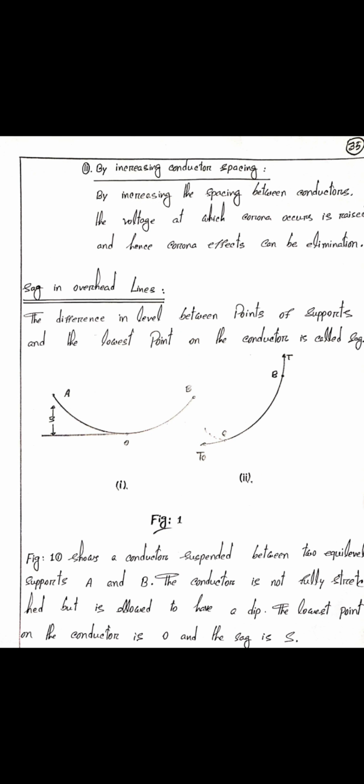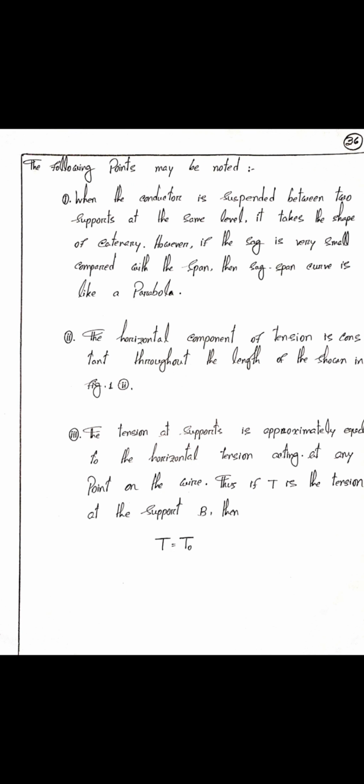Sag in overhead lines. The difference in level between points of support and the lowest point on the conductor is called sag. The following points may be noted when the conductor is suspended between two supports at the same level. It takes the shape of a catenary.